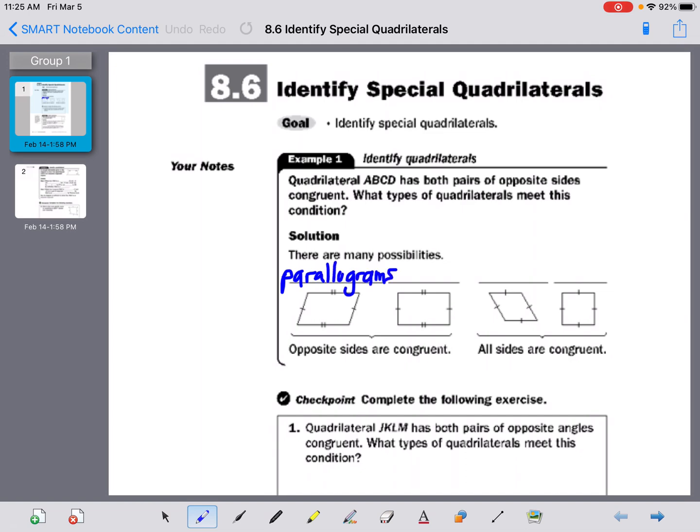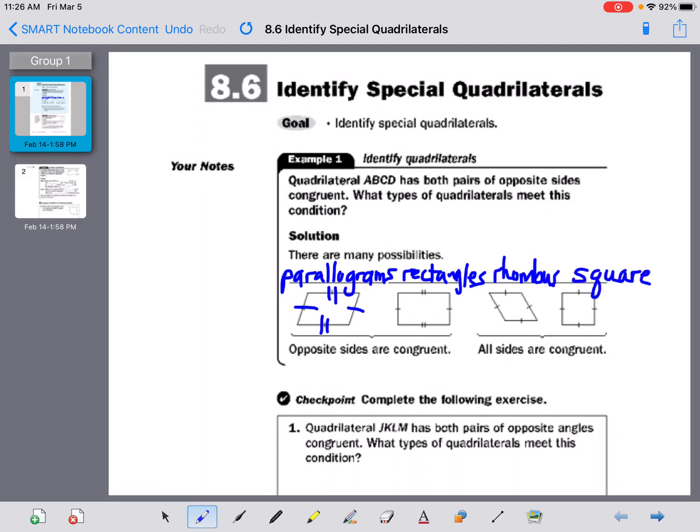So parallelograms was the big idea, right? Opposite sides are congruent. And then I had the special parallelograms, so everything under that on our chart. So that means that rectangles fit that. That means that rhombuses fit that. And that means that squares fit that.